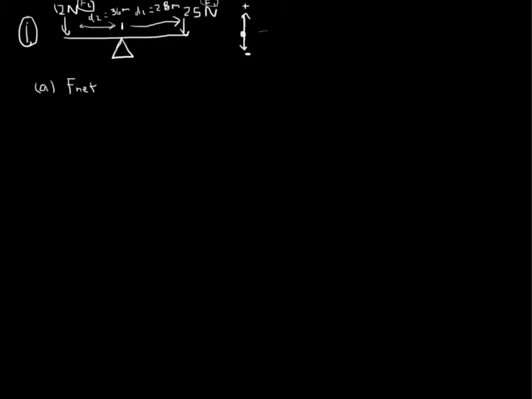It doesn't matter which way you do it. So net force is going to be force 1 plus force 2 plus the force caused by this fulcrum here, because it's pushing up on the beam itself. We'll call this F3.